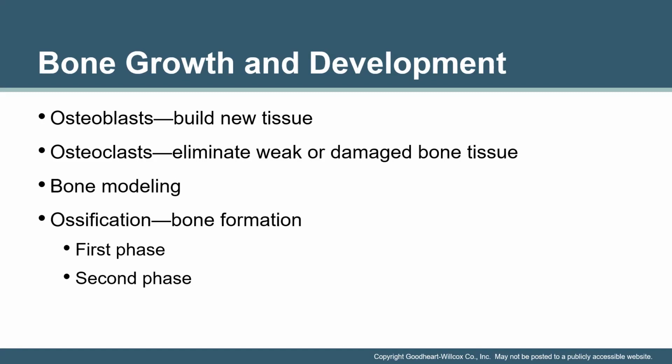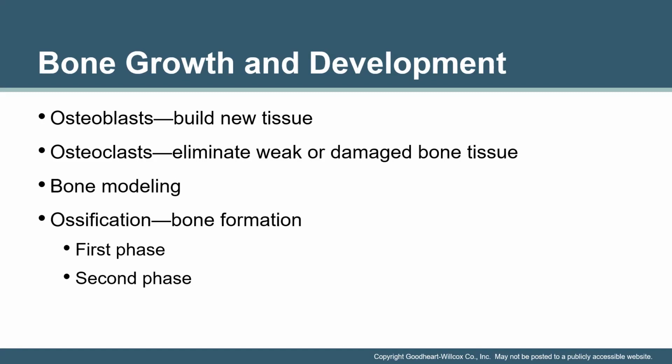So this epiphyseal plate that's present during the growing years, when it completely fuses the ends of the bones between the diaphysis and the epiphysis, the name changes from the growth plate or the epiphyseal plate to the epiphyseal line.